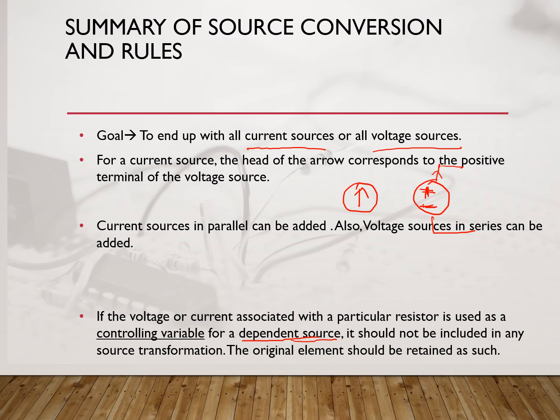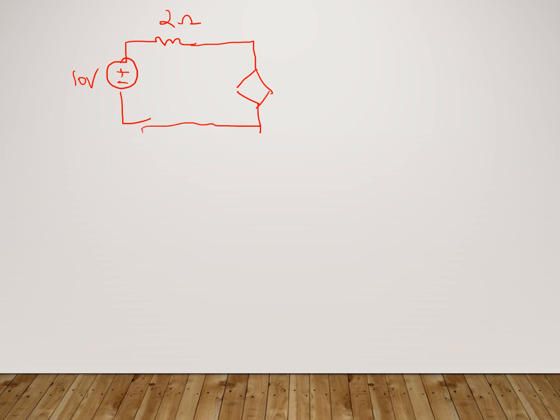For example, suppose I have a 10-volt source in series with a resistance of 2 ohm, and then I have a current source equal to 2I, with a 2 ohm resistance parallel to it.